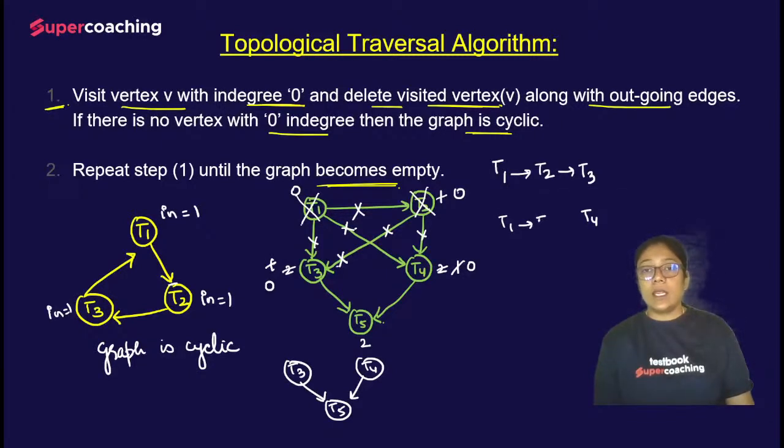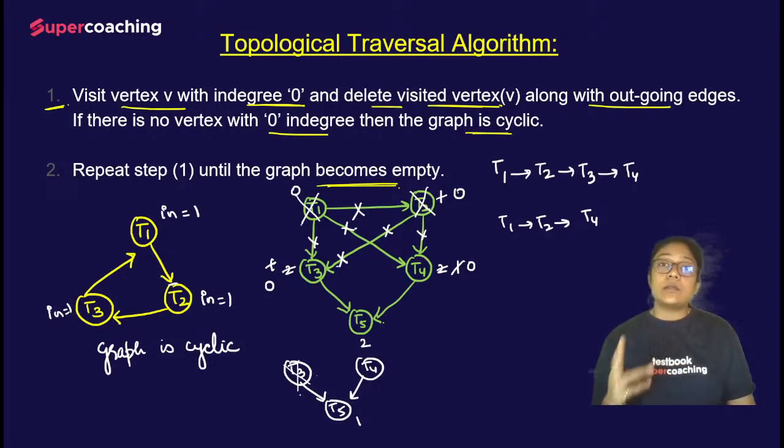T1, T2 is this. Here we got a choice because there are two vertices with the in degree 0. After that, if I'm taking T3, I'm going to delete it. Its in degree becomes 1. So next, obviously, we need to take T4. If I'm taking T4 first, then T5 can execute only when both T3 and T4 have finished, because T5 is getting the value from T3 and T4.